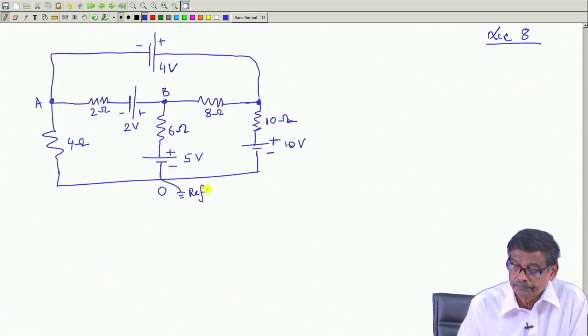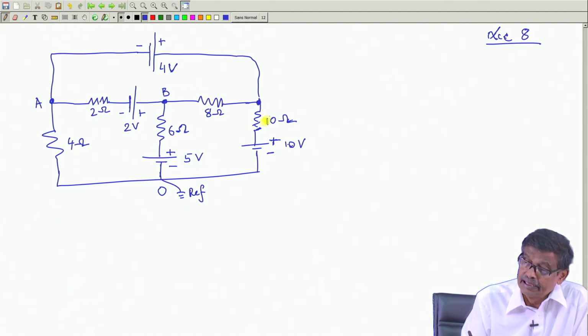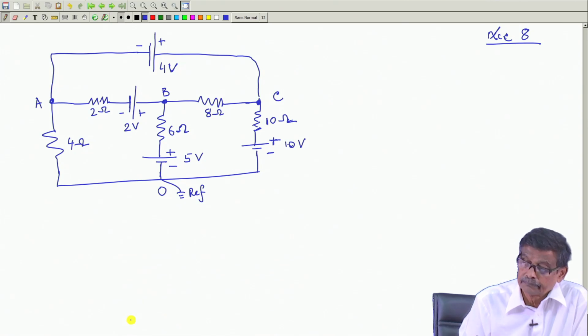node. Okay. And this is A, B, C, this is your voltage.